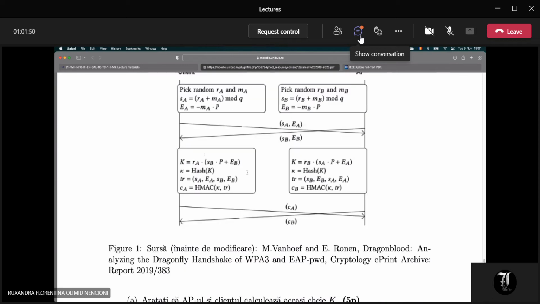Basically it's array times SB times P plus array times EB, and you can replace what EB is. You will see it's MB times P, and then, what is SB? You replace here, and in the end, by doing the math, you should end up with the same key.